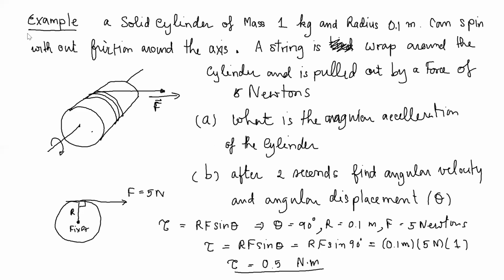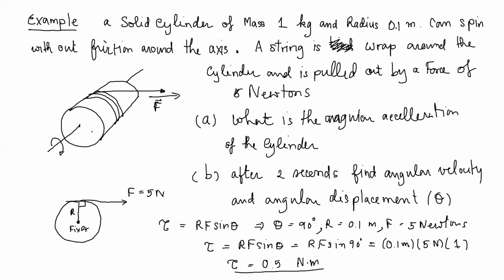So let's continue with gathering information. The torque is R cross F, or the magnitude of R times F sine theta. In this case, when you pull the cylinder by the string wrapped around it, the angle between the force and the radius is 90 degrees.